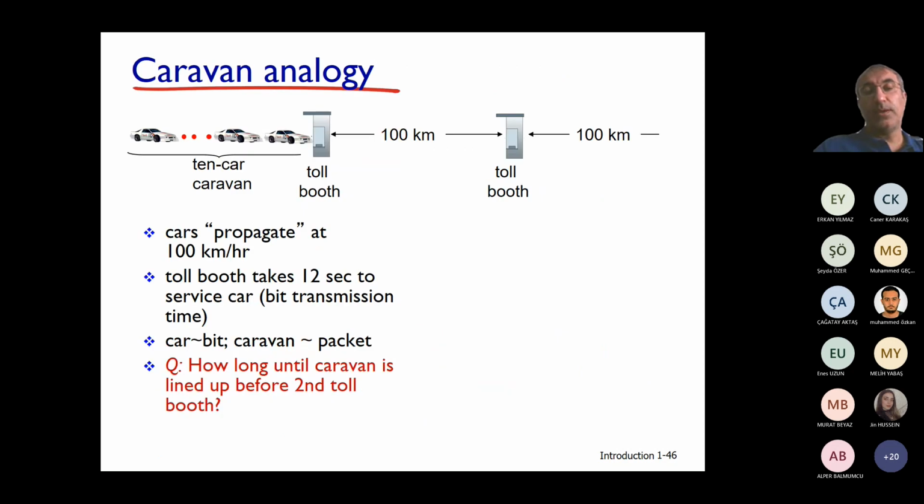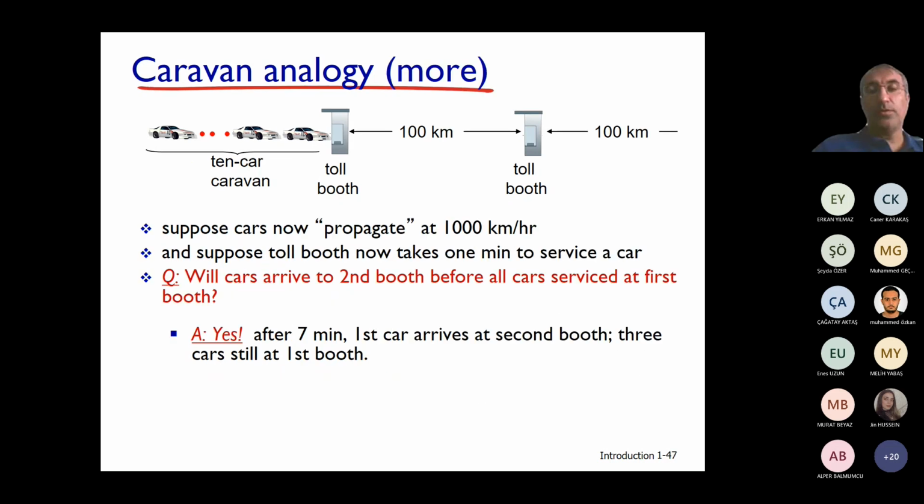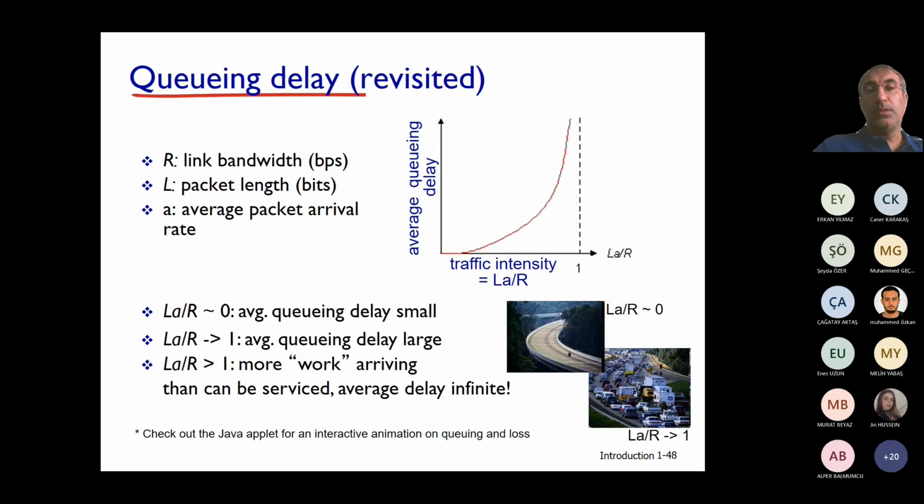Some examples of how to calculate this, just going over. Okay, queuing delay, let's look at it here. R is our link bandwidth, L is packet length, a is average packet arrival rate. Average queuing delay depends on traffic intensity. If the traffic intensity increases, of course, the average queuing delay increases exponentially.